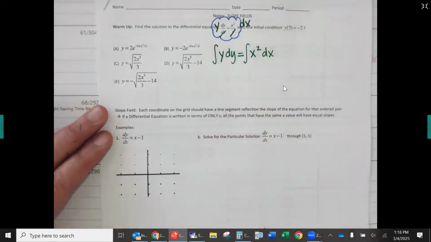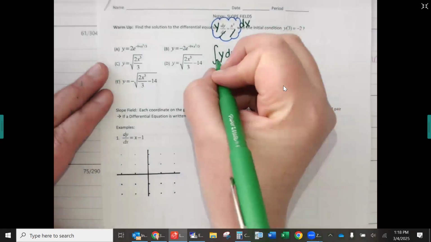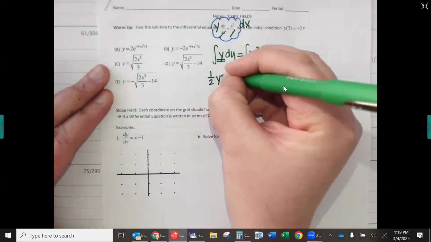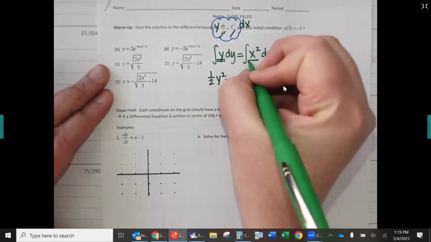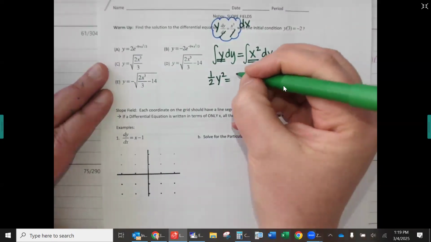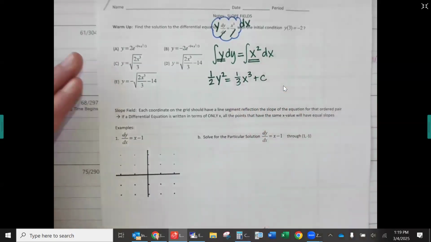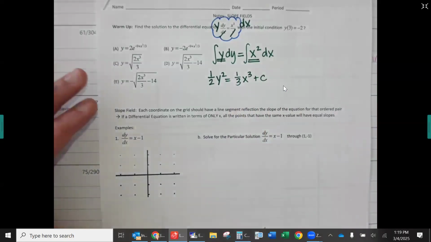Antiderivative. Very good. Okay, then what is the integral of y? 1/2 y squared. And then what about on your x squared? Okay, great. Plus c. Okay, then from here, remember, we want to get our y by itself. So how do I get rid of that 2?